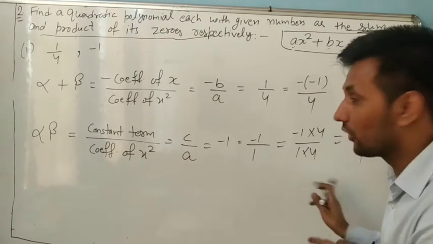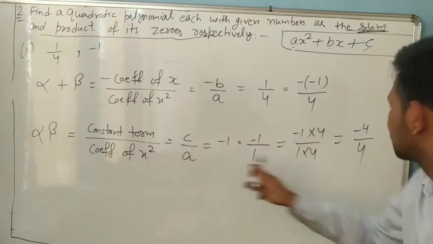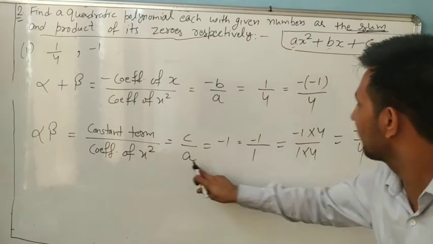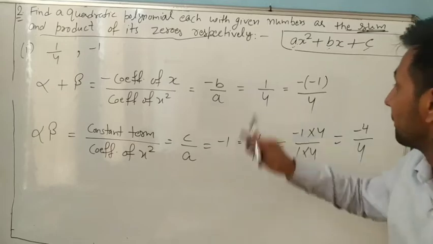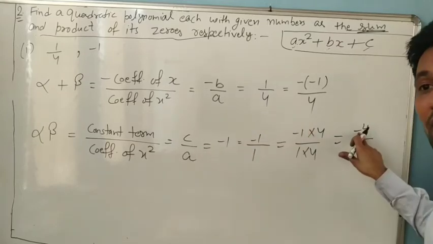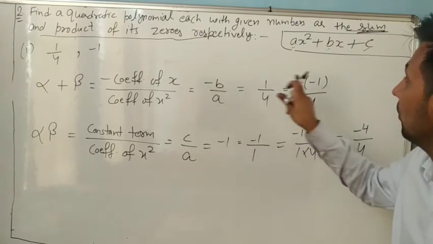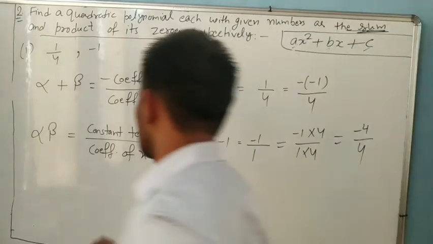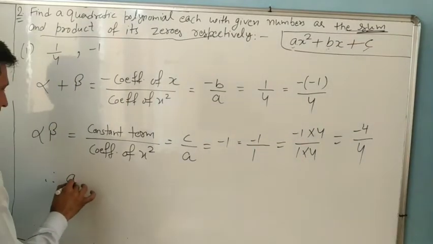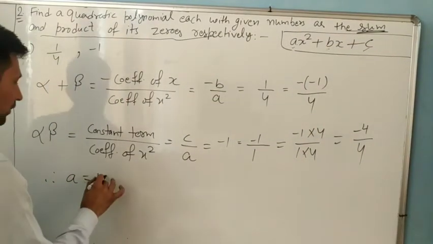Now do you understand? Look, a is 4. So a value is 4, c value is minus 4.